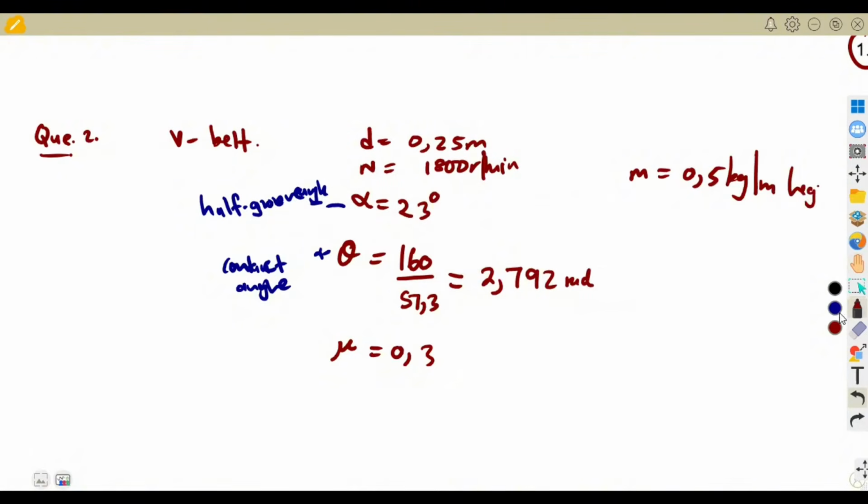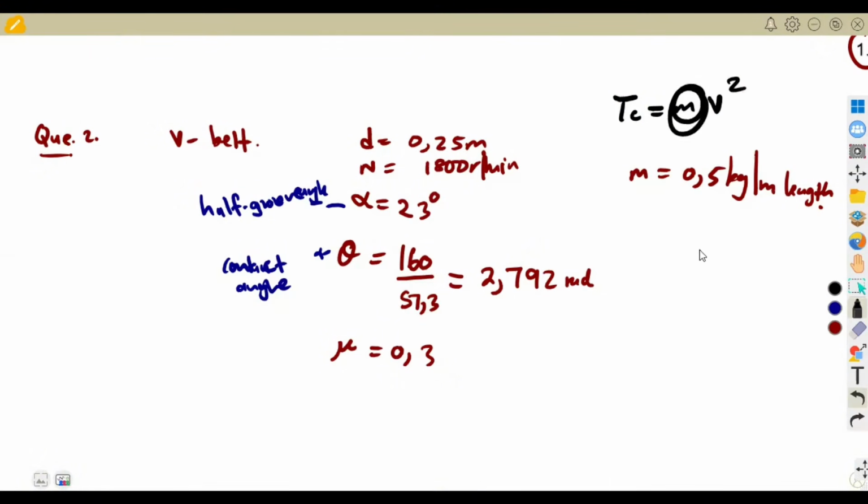Whenever you are given the mass per meter length, I want you to be careful. This is the part that I was saying our question paper had a mistake or an error when answering this question. Whenever you're given the mass per meter length like this, you are supposed to find the centrifugal tension, which is TC. Since TC is involved with the mass per meter length times the velocity squared.